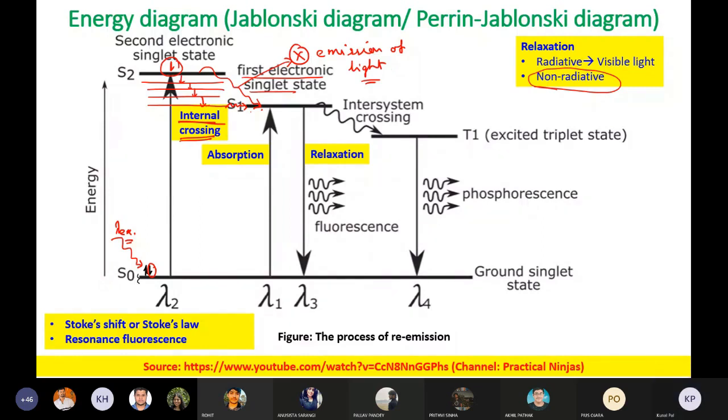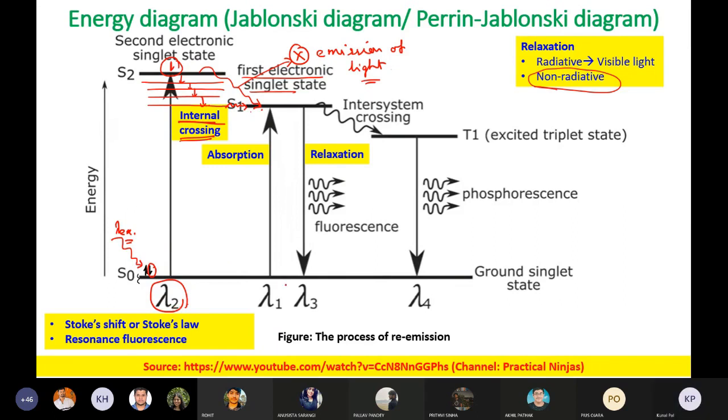Now, once it comes to the first electronic singlet state, if you want to send one electron from S0 to S2, you have to use the lambda 2 wavelength, right?